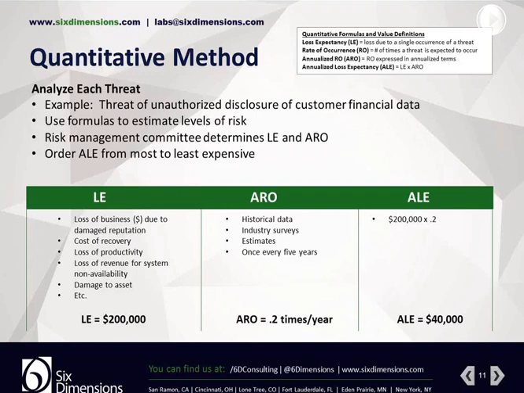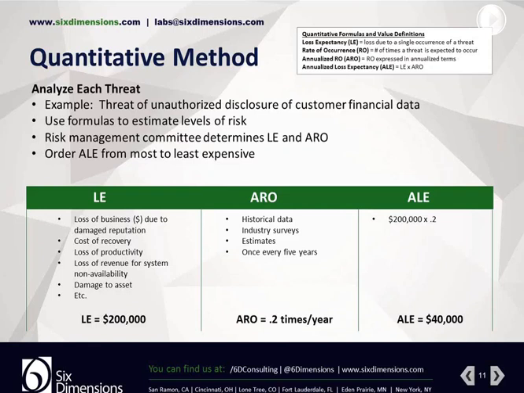So in this example is the threat of unauthorized disclosure of customer financial data. We use the formulas above, and then we estimate the levels of risk. So let's say we determined, in determining loss of business due to damaged reputation, the cost of recovery, the loss of productivity, loss of revenue because of system unavailability, possible damage to a particular asset, we calculate that at $200,000.